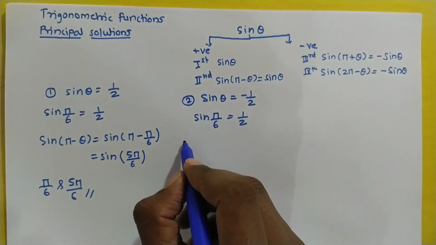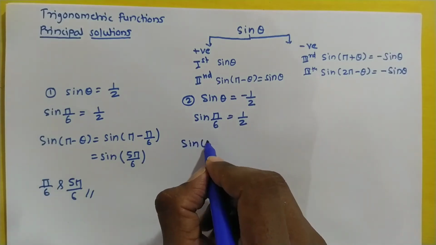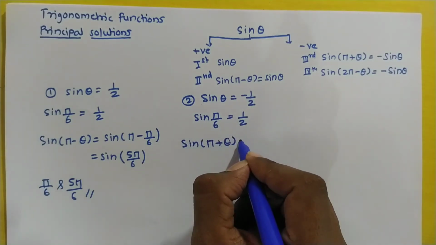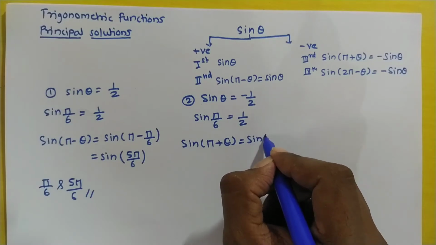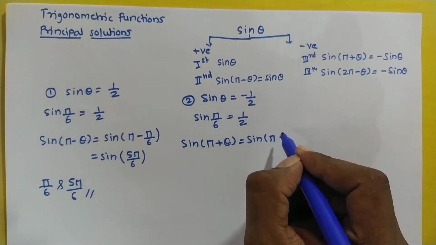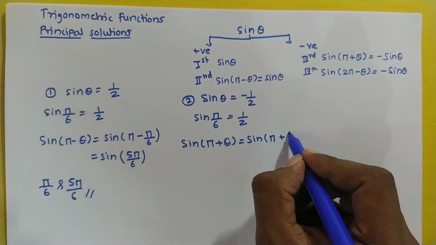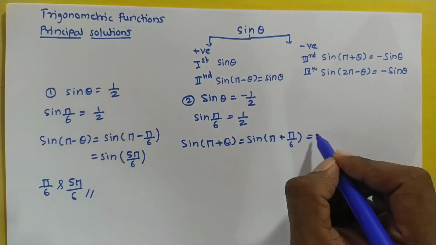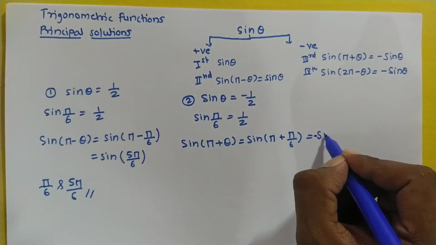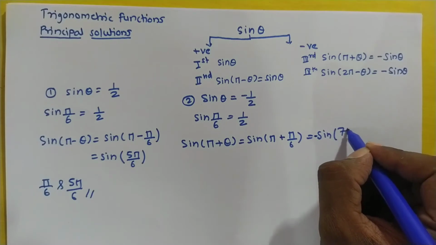So for third quadrant sine of pi plus theta is equal to sine of pi plus, take the value of theta is pi by 6, so we get minus sine of 7 pi by 6.